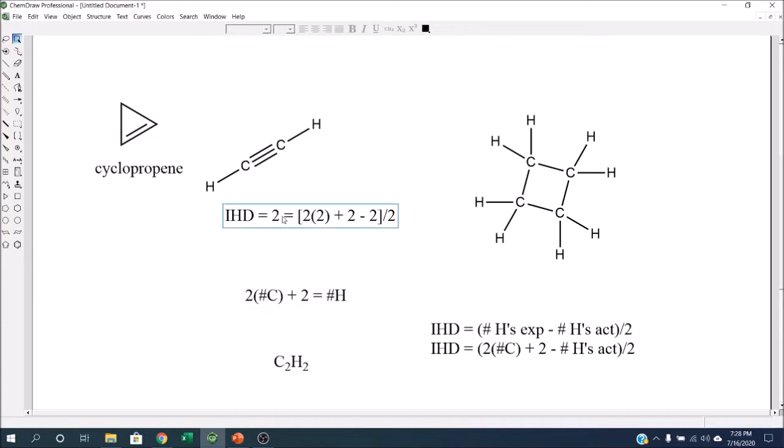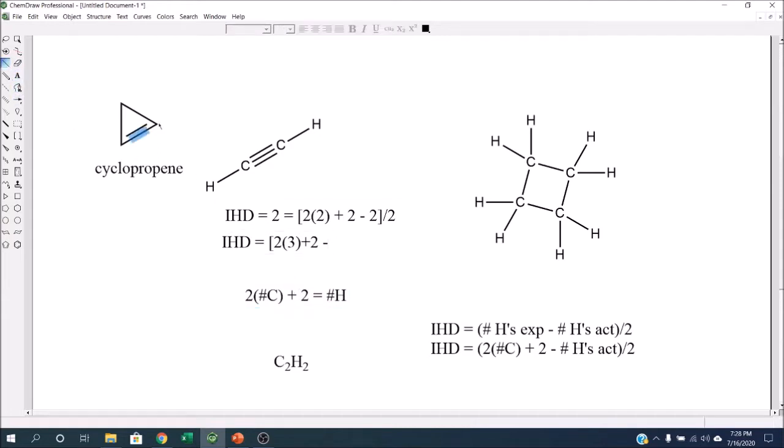And therefore, the IHD calculation, IHD is equal to 2 times the number of carbons, and there are 3 carbons, plus 2. That's how many hydrogens we would expect to exist if you had 3 carbons. Then we're going to subtract from that the number of hydrogens that we actually observe.